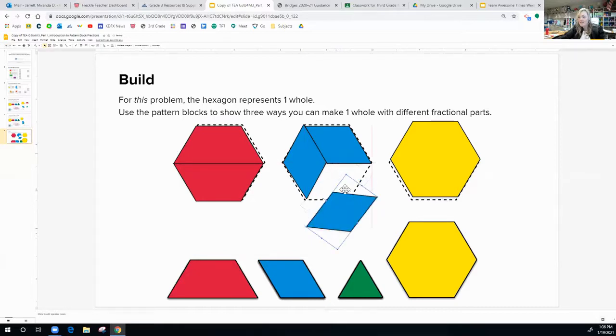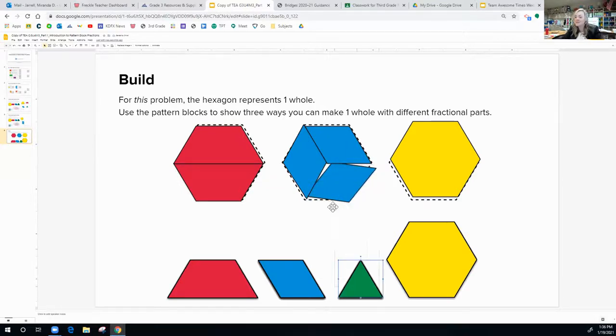Now, how many triangles could we make to equal the whole? Let's think about that. If I know that one triangle, this one's going to be tricky. If I know that one triangle makes up half of one of my blue rhombuses, just pretend that's perfect, okay? Go with it.